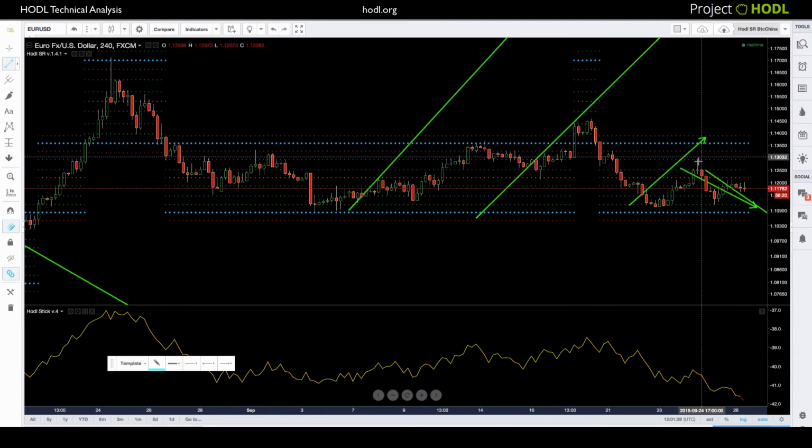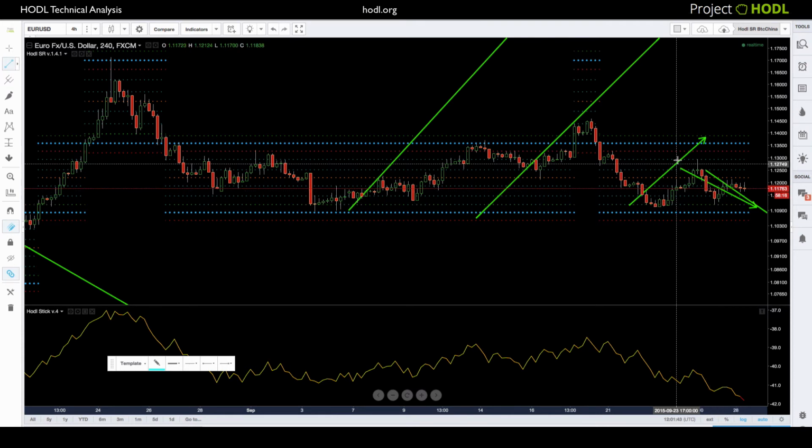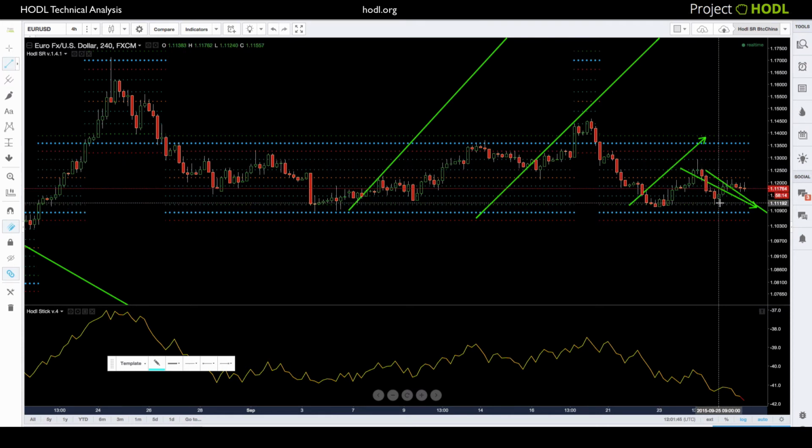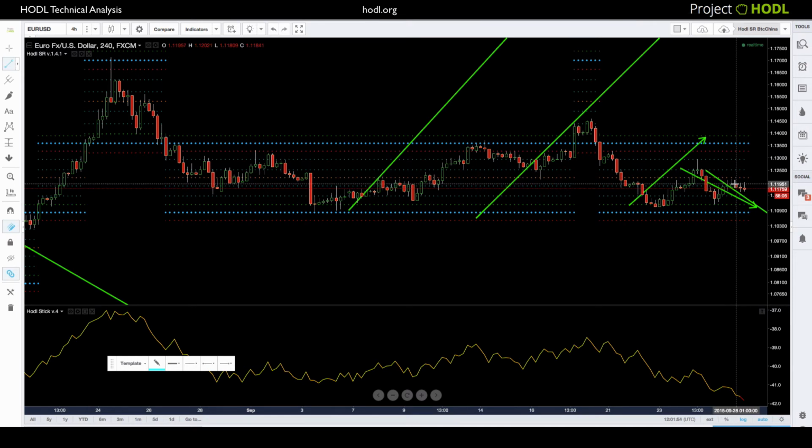You can clearly see here that we made a half move down, a little bit more because of this wick, and 1, 2, 3 micro levels up, and we just couldn't reach this 50% level, and it's more clear here that we are moving downwards.